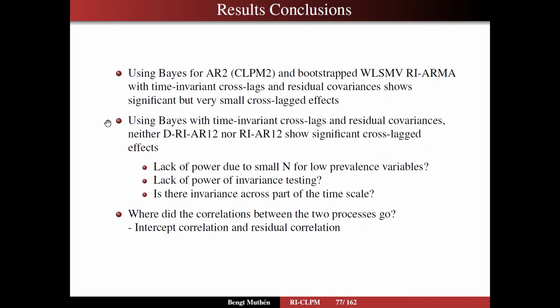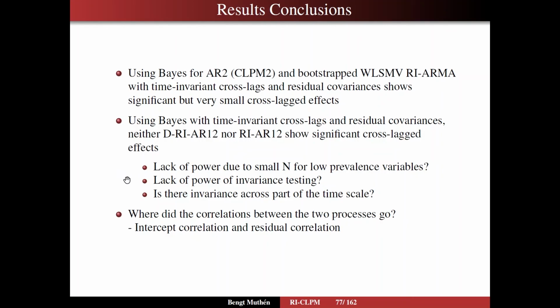And you can ask then, is it perhaps due to lack of power because we have small sample size for low prevalence variables? When I say small n, it's 737, so it may not be considered small, but relative to the prevalence, it is small. And we will see how big a sample you really should have in this case.